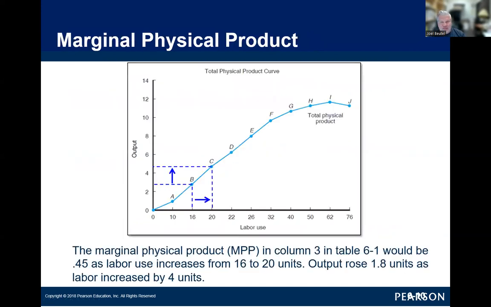So when we start to graph the marginal physical product, we're going to look at the change in both directions to graph it along this curve, right? And so the marginal physical product in column 3 in table 6.1 would be 0.45 as labor goes from 16 to 20. Output would rise 1.8 units as labor increases by 4. But we'll do that in the next one.